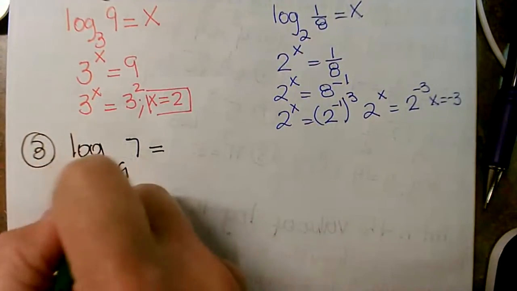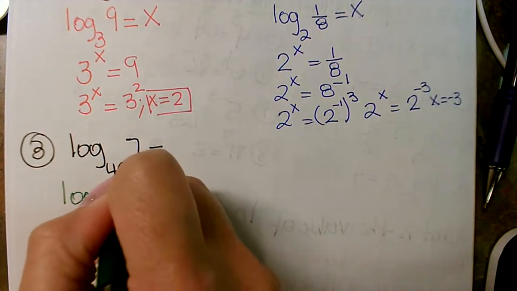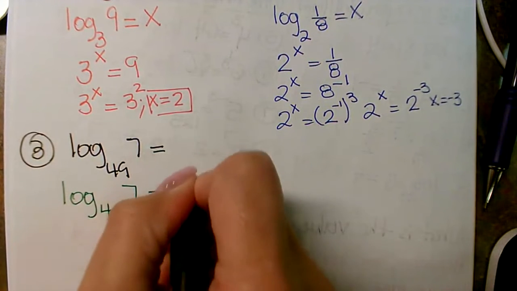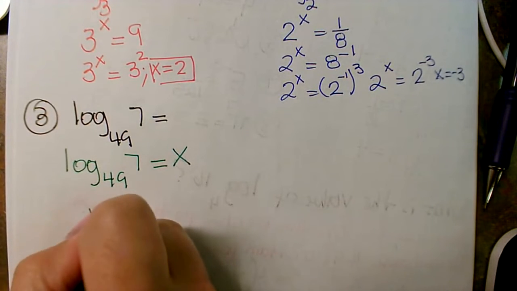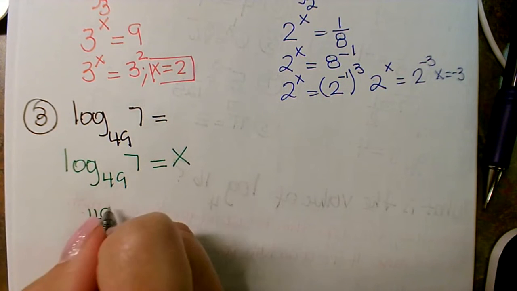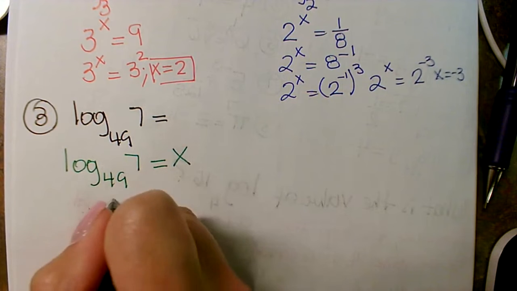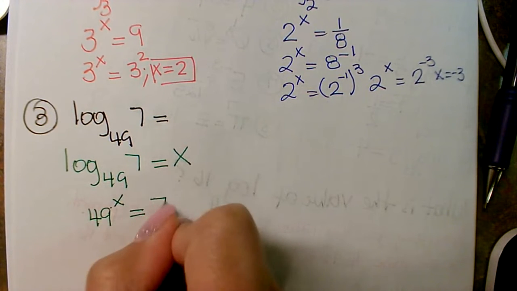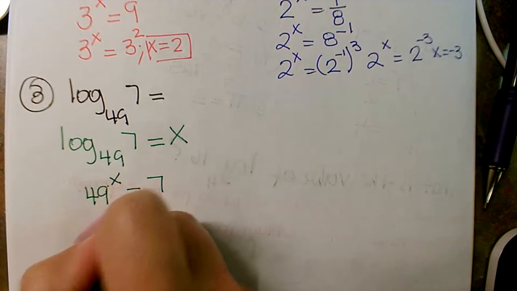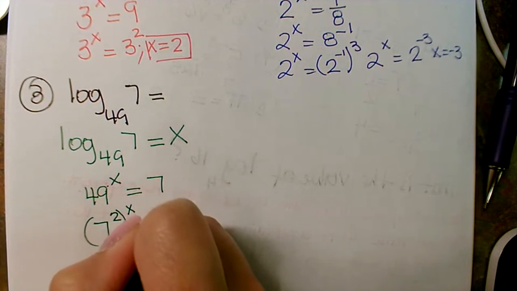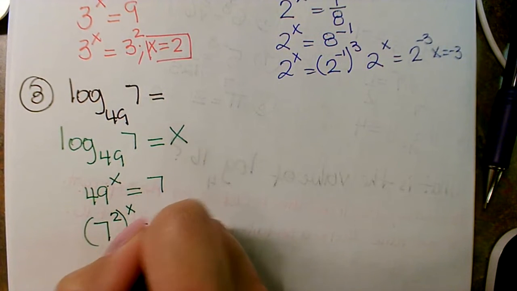So log base 49 of 7 equals to what? To x. The base is the base of my exponent. The exponent is the x. My answer equals 7. We know that 7 to the second power is 49.